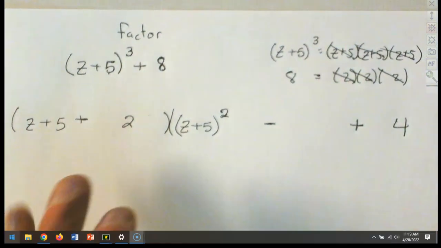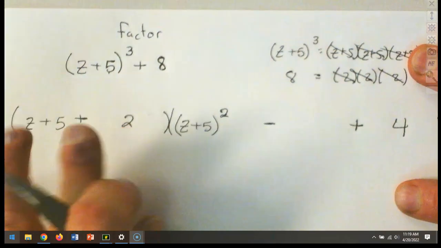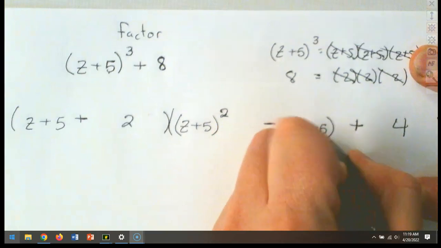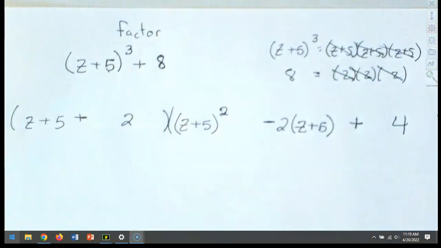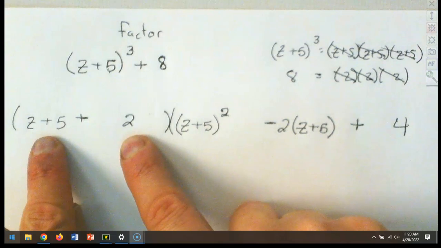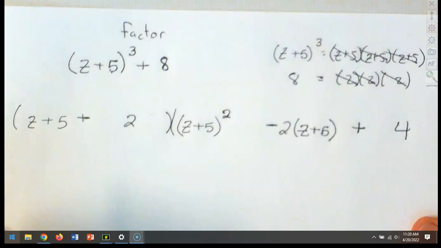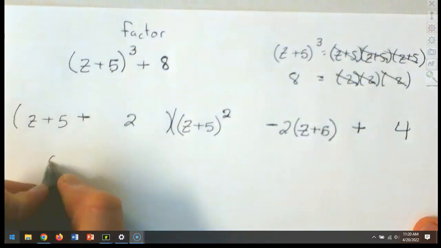What goes in the middle is those two multiplied together. So that's going to be 2 times z plus 5, because that one and that one multiplied together. Now we've got to start the process of cleaning it up. So we're going to have to be distributing through. We're going to have to be foiling. We're going to have to be trying to combine things together as much as we can. So let's go ahead and work with our exponents first. So we need to clean this up.